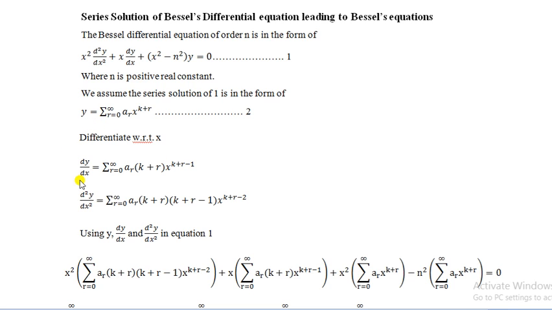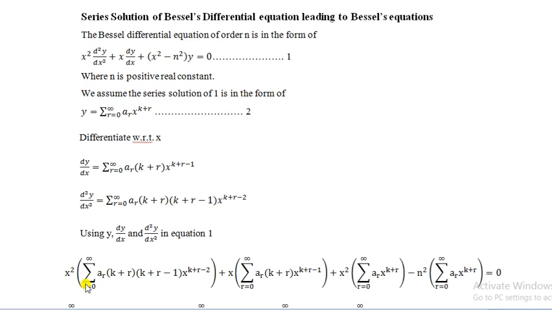So here we get the results of dy by dx and d square y by dx square. Now we will use the values of y, dy by dx and d square y by dx square in equation number 1. So replace d square y by dx square as summation of ar into k plus r into k plus r minus 1 into x raised to k plus r minus 2.